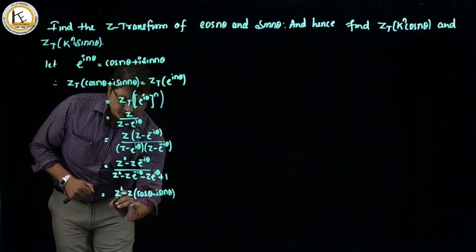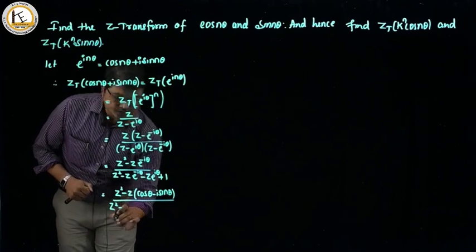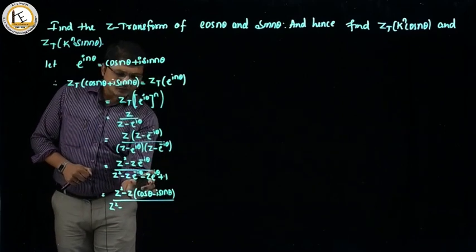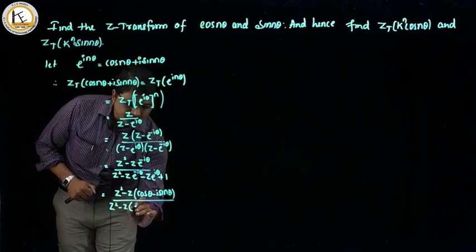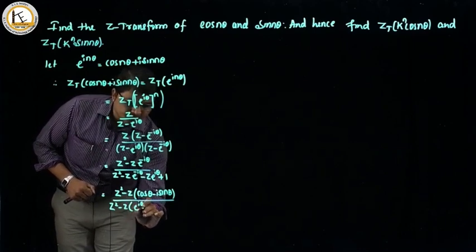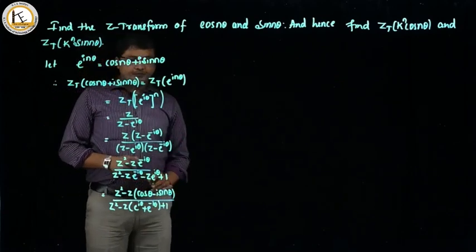whole divided by z square minus, again from these two terms we have minus z common, so taking it out, inside the bracket it will be e raised to i theta plus e raised to minus i theta plus 1 here.